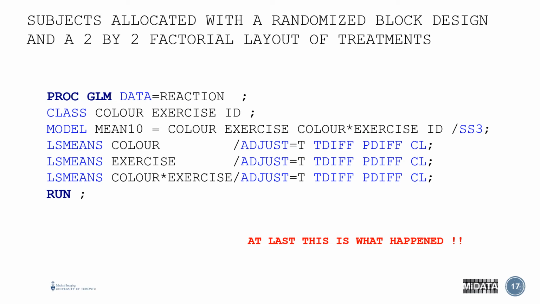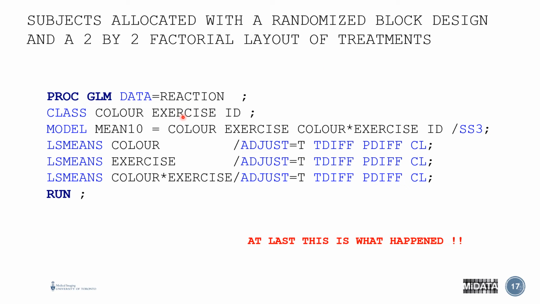Okay, finally we get to the allocation of treatments as a randomized block design, which we just saw, but this time with the 2 by 2 factorial layout of the treatments, which is actually what happened in our study. So as you can see in terms of code, not a big surprise.